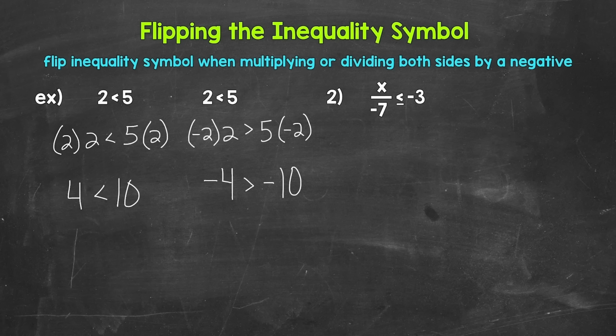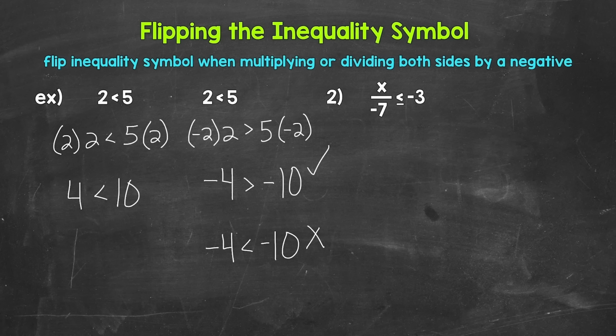That gives us negative 10. Negative 4 is greater than negative 10. Now, what if that inequality symbol was not flipped? We would have negative 4 is less than negative 10. That inequality is not true. When we flipped the inequality symbol, that was true.